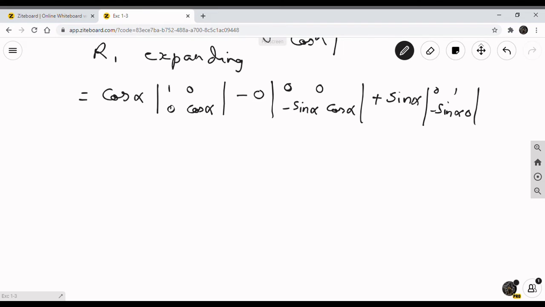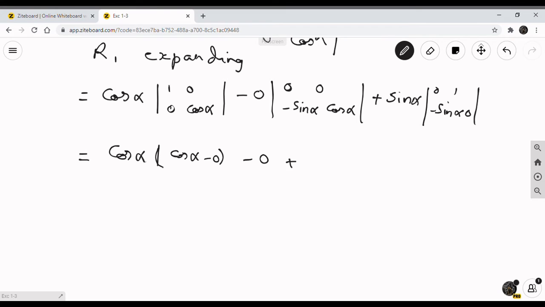So let us see the value, how it goes on. Cos alpha. Now you have to just see the value of the above 2 into 2 determinant, like cos alpha minus 0. This term becomes 0, 0 into anything is 0.